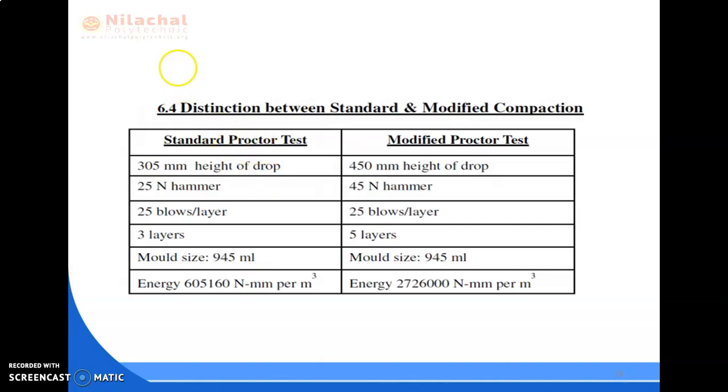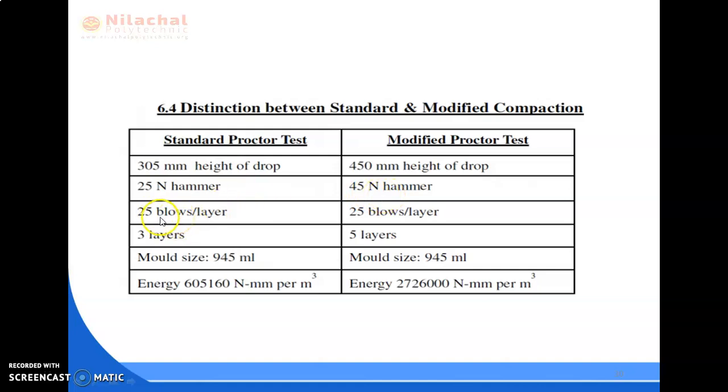For example, in a standard Proctor test we use 305 mm height of drop. We have to maintain this drop, but in the modified Proctor test you have to drop the rammer from 450 mm height. Then here a 25 Newton hammer is used, but in modified a 45 Newton hammer is used.